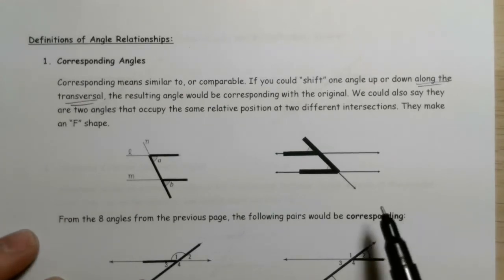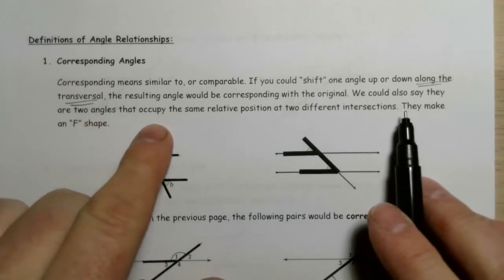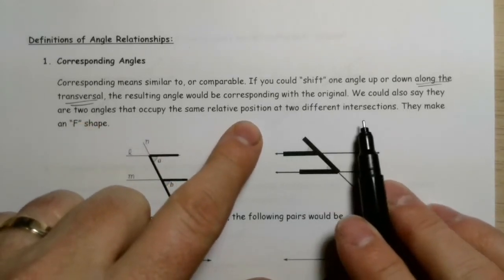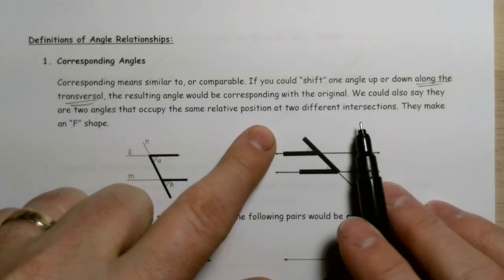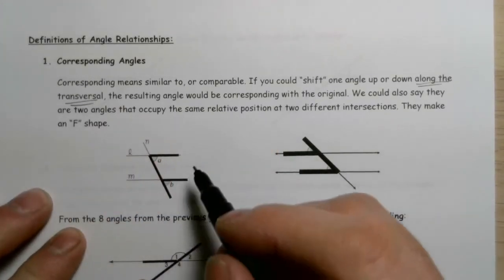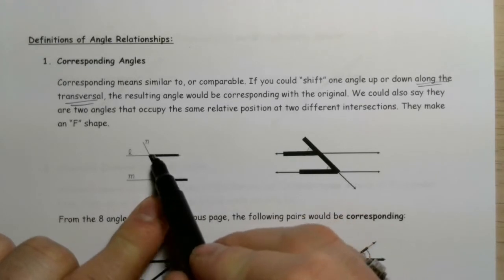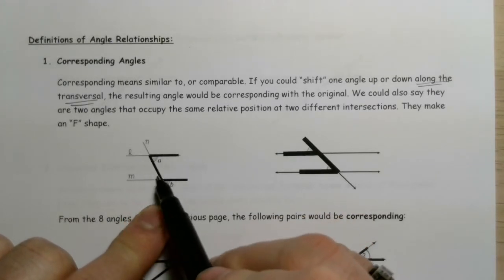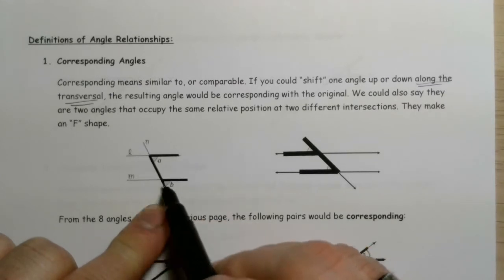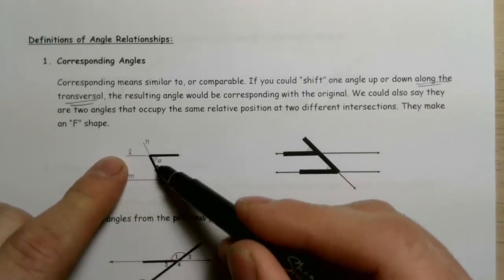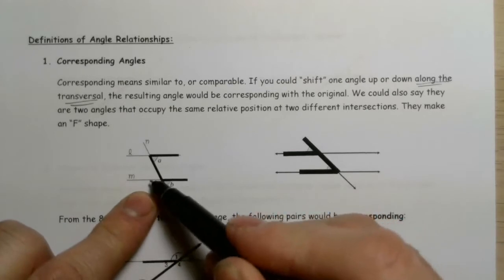We can also say that the angles occupy the same relative position at the two different intersections. They make an F shape. For example, take a look at angle A, formed between this line and the transversal. Look at the 4 angles formed here.